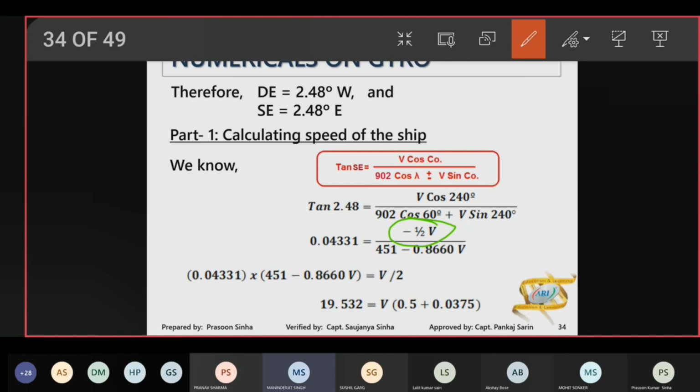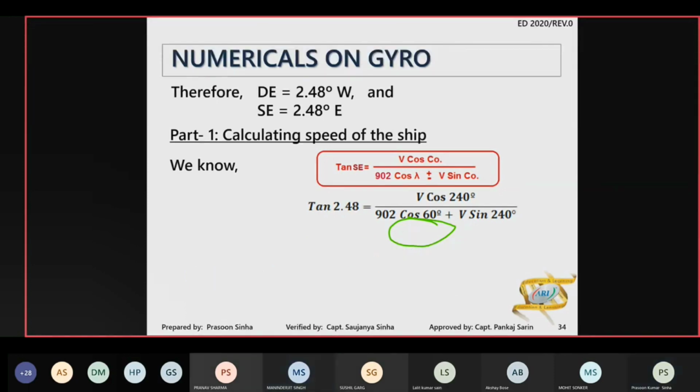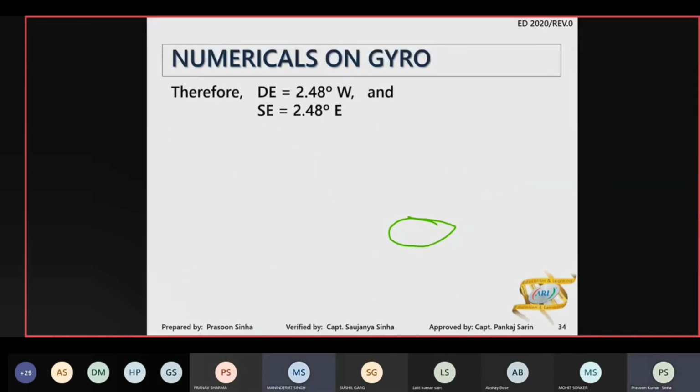Sir, how did we get the same 2.48 degrees for DE? For that we go back to the screen.